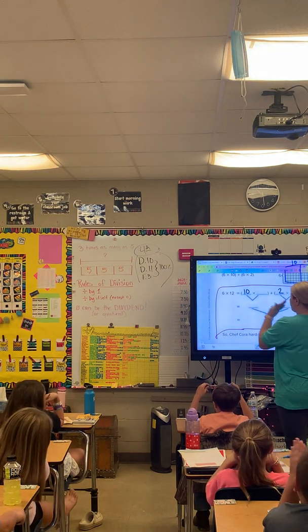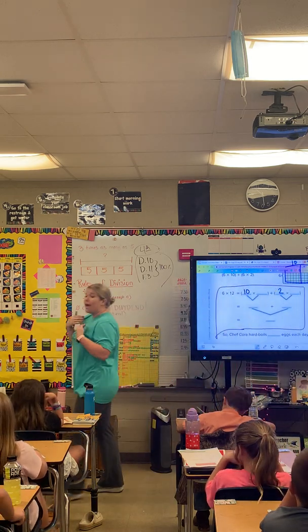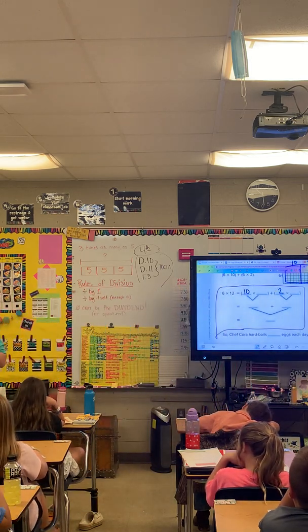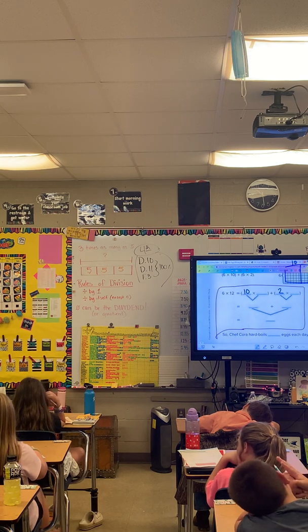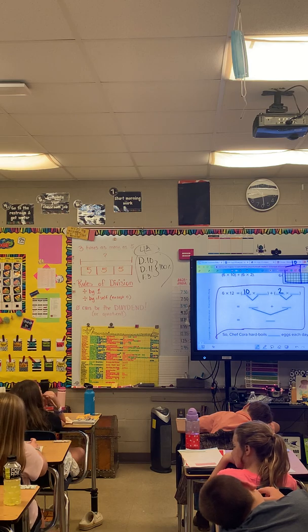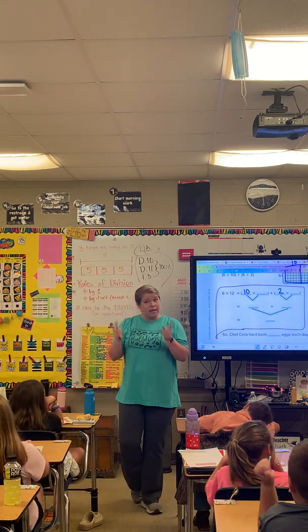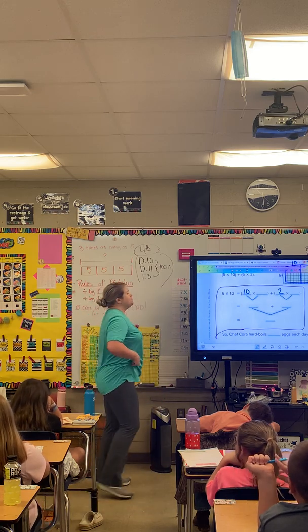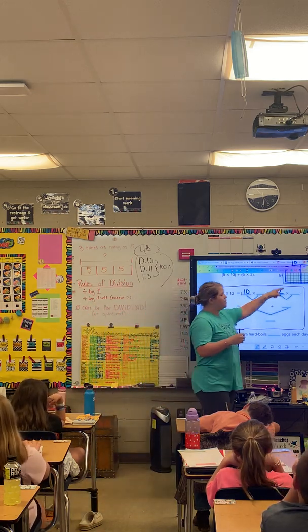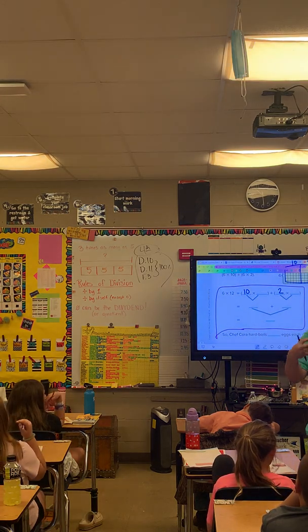It doesn't matter, but I like to keep it the same, and if you keep it the same, you're less likely to mess up, because my brain works like a 4th grader's brain. Repeating is going to help you. So what did I just do with my 10 and my 2? I broke it apart, which my fancy word is decompose.